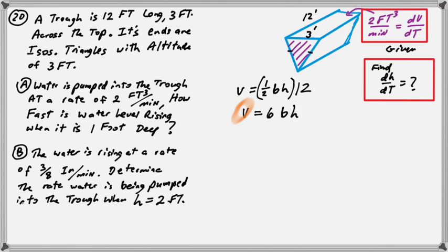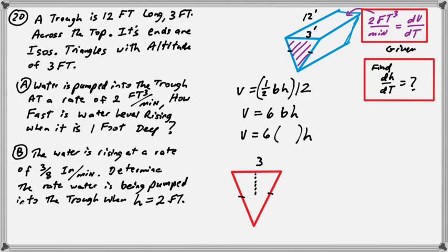B. So this is another one that might involve a secondary equation, and I might have to replace B with something. Now, if I look at my triangle, I'm going to erase this, so if you want, write it down. It says it was 3 feet across the top and an isosceles triangle, correct?